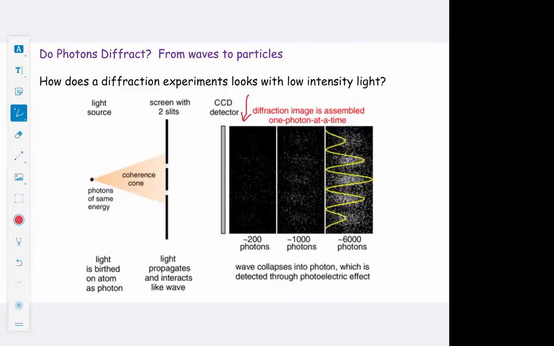We have a monochromatic light source here that produces coherent light, and we know exactly what will happen at this screen because we have calculated that in the wave model. So light can go through those two places, and you have this display of an intensity graph at the end, and you can see how it evolves.